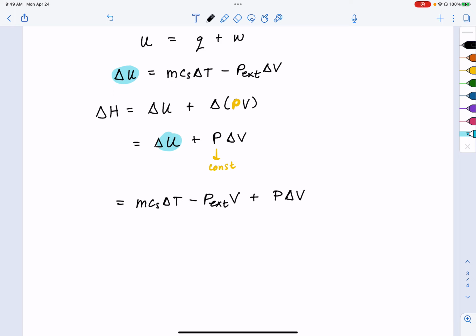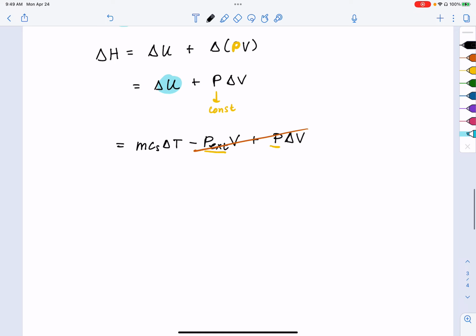And you'll notice, because this pressure is our external pressure and this pressure is the system's internal pressure, they are the same, they're constant. The only difference is their sign, meaning that I could cancel these terms out. They're redundant. So what does that leave us?